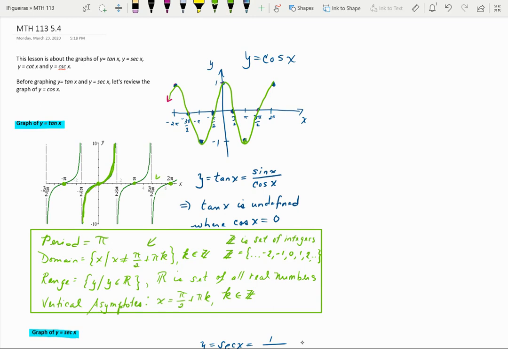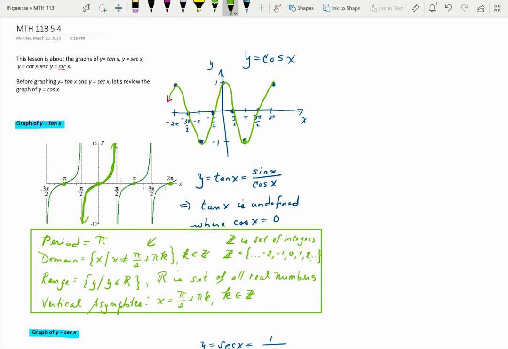Your range is all real numbers, because for your range, you read your numbers from bottom to top. These curves, this kind of S shape that you see, indicate that it's going from negative infinity to infinity. So it's all real numbers. That's that fancy R. And we have vertical asymptotes at the same places where the domain does not exist.